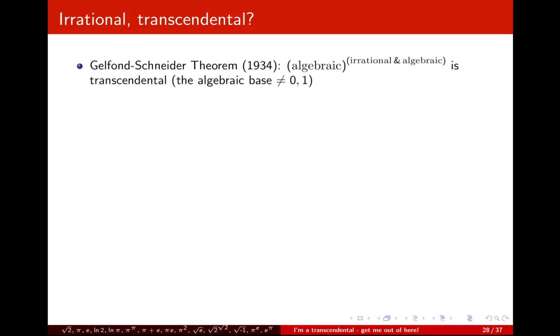Now, there is a famous theorem dating back to 1934, which says that if you have an algebraic number, so a number which is a solution of a polynomial equation with rational coefficients, for example, the square root of 2, the golden ratio, but algebraic numbers also include rational numbers and integers and natural numbers.